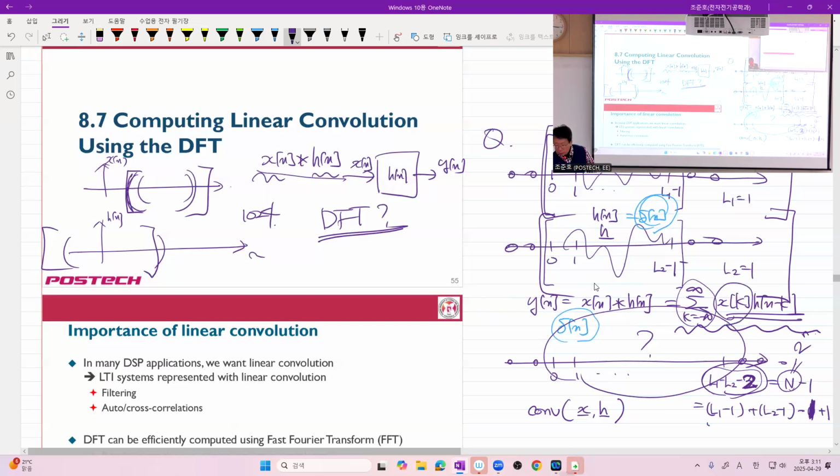This is a complex number, that is a complex number, and you have up to capital N, or L1, L2, but anyway, roughly capital N terms. And that N linearly increases, right? And for this one, you have another N. So N squared is the complexity if you just perform the convolution sum blindly.